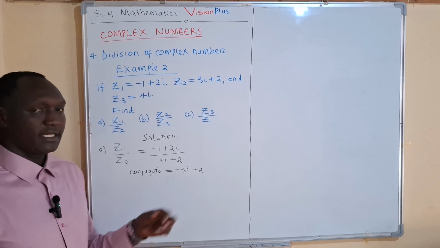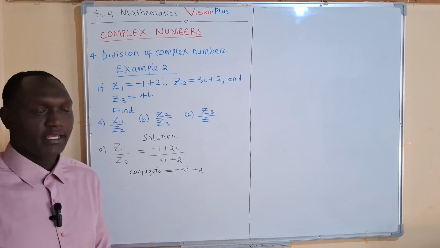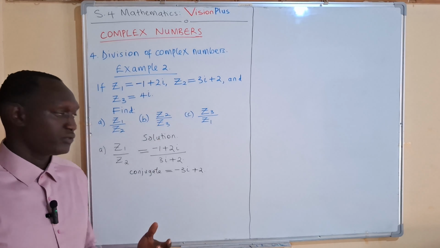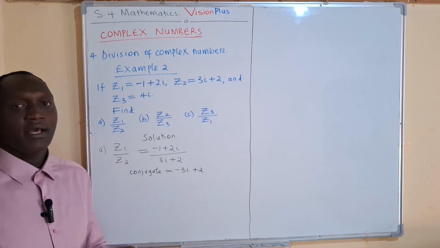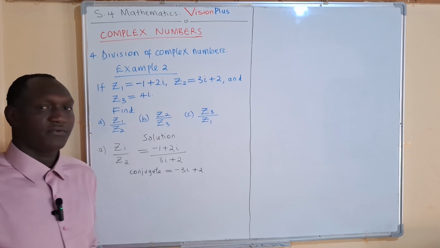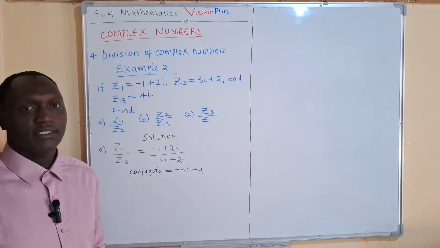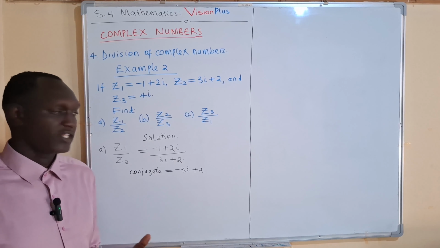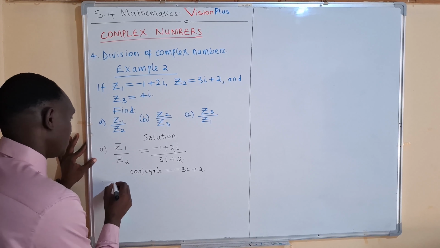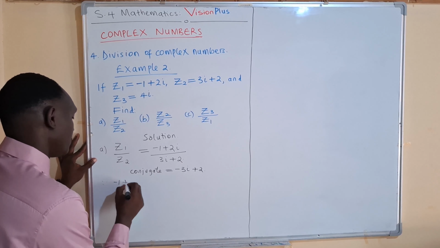Now, after getting the conjugate, we need to multiply both the numerator and the denominator by the conjugate of the denominator. That way, we shall be in position to remove i from the denominator without changing the meaning of the expression. So, therefore, we need to substitute. Here we have -1 plus 2i.